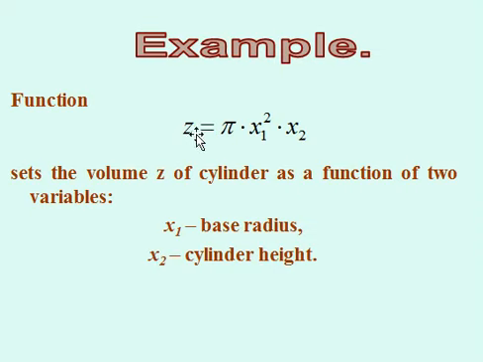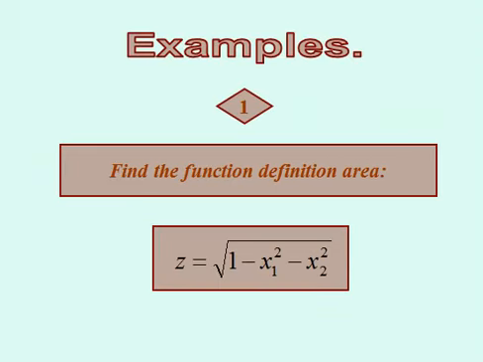We see that this function depends on two variables, x1 and x2. This is an example of a function of two variables. Our x1 and x2 are called independent variables, and z is called a dependent variable.